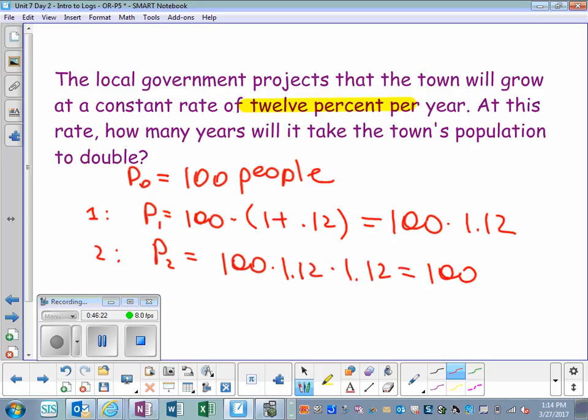So it will be 100 times 1.12 to the power of 2, correct? After n number of years, what is my population if I started with 100 people? 100 times 1.12 to the power of n, correct? That's what you said, right?